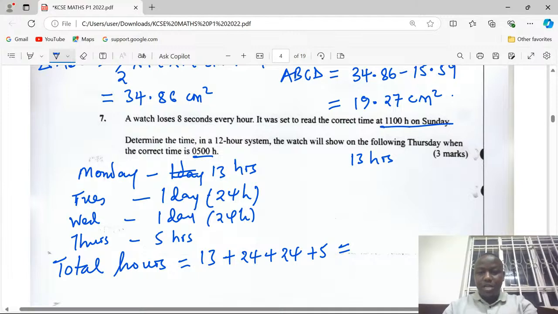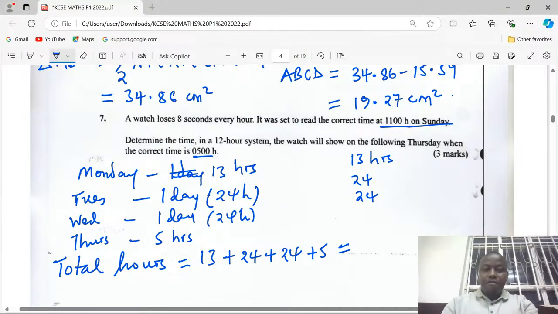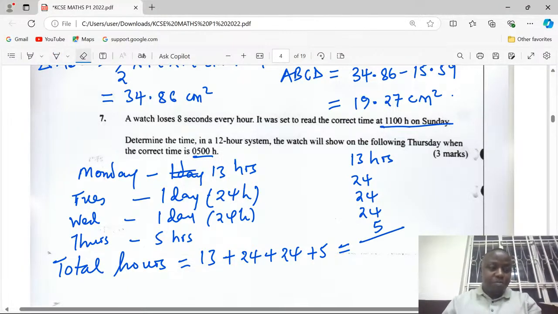From Monday to Tuesday, there will be 24 hours. From Tuesday to Wednesday, 24 hours. From Wednesday to Thursday, 24 hours. Then on Thursday, just 5 hours of Thursday. Exactly. So I'm getting a very different interpretation. Please follow this one now and be very careful with it.